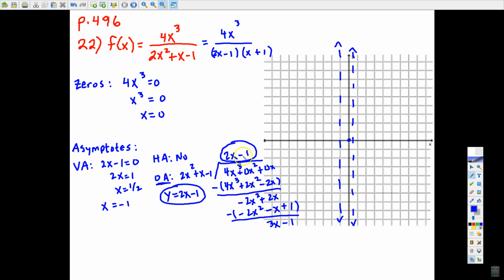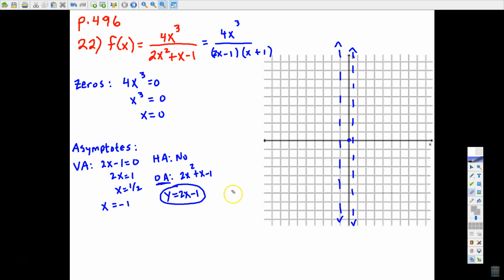Since you've seen this already, just to create some room, I'm going to erase this, and then I'm going to draw this slant line that's also going to be an asymptote. Let's just get rid of all of this. Not that you would have to erase, but it's going to be a little bit easier for me.